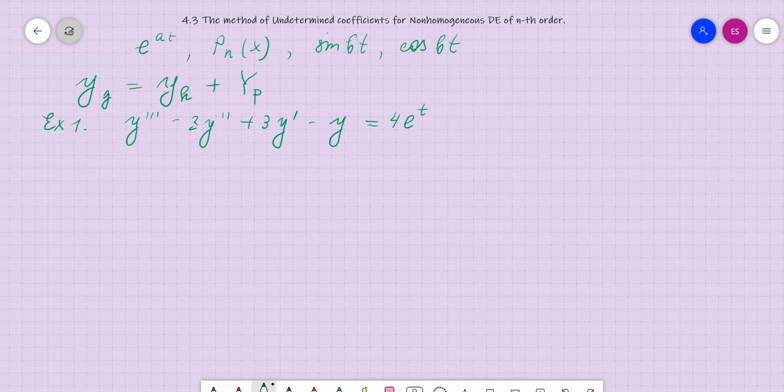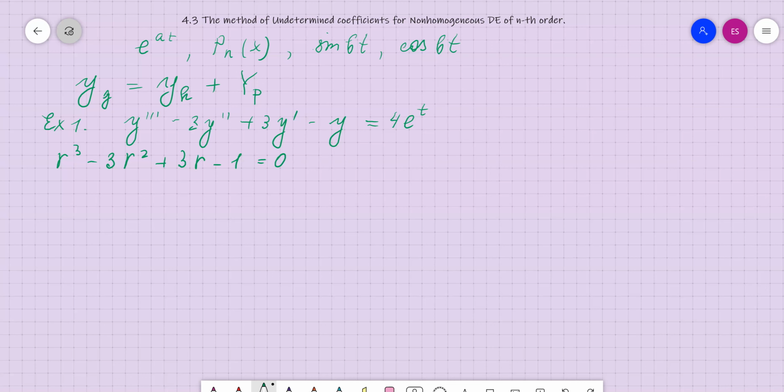So we're going to start building the characteristic equation. So we have r cubed minus 3r squared plus 3r minus 1 equals 0. Remember, the homogeneous equation is going to use the characteristic equation to find actually exponents or the frequency of sine and cosine functions, right?